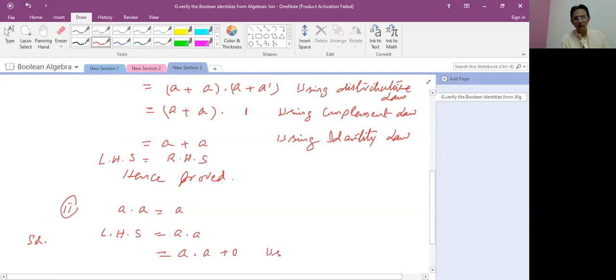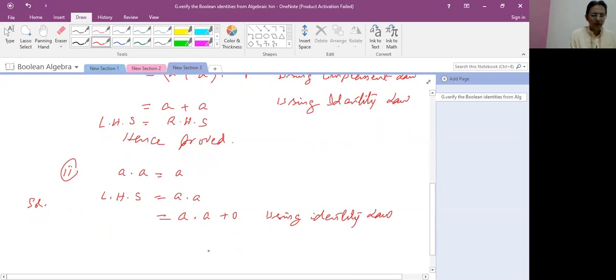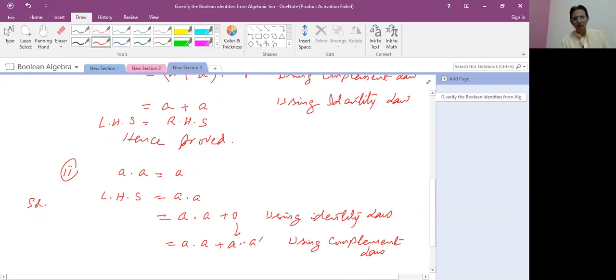So it means using identity law, and in the next step, if we replace 0 by A dot A complement, it means using complement law with respect to multiplication, which should be equal to 0. So we replace the term 0 with A dot A complement. So we write here A dot A complement.